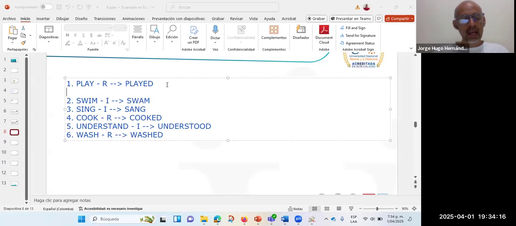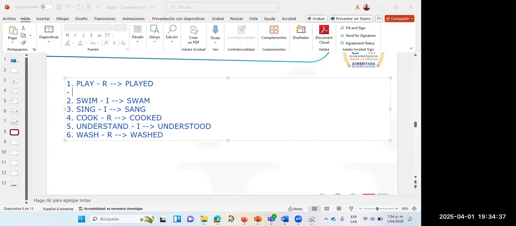Then I'm going to make a sentence. Or no, you please. You are going to make a sentence. Anyone who can tell me a sentence, like Lucenit, for example, tell me a sentence in past with the verb play. I played tennis the past week.